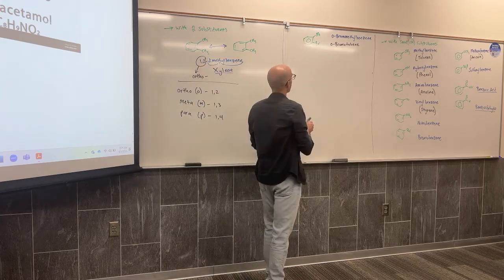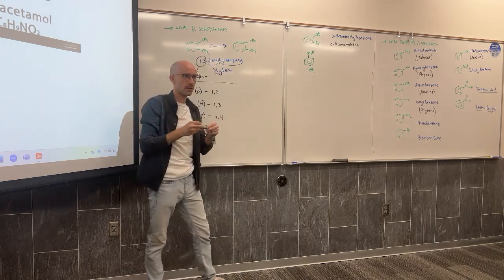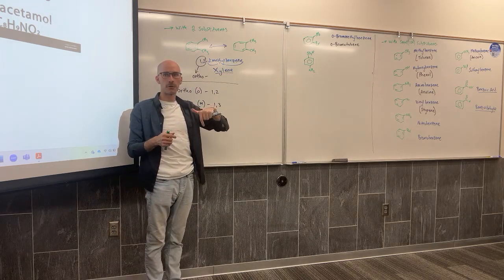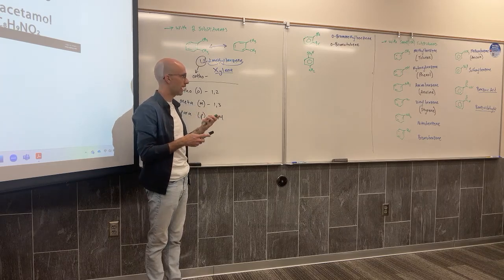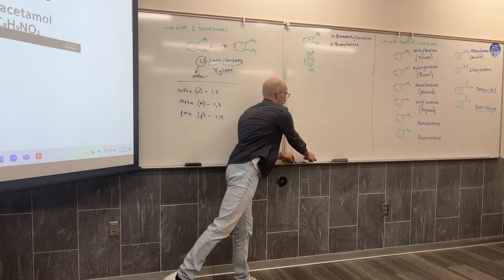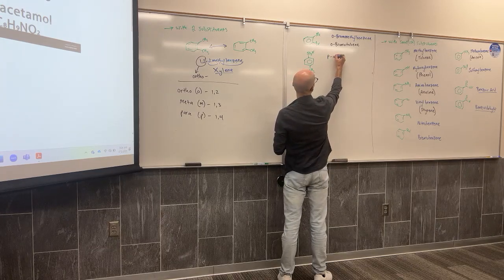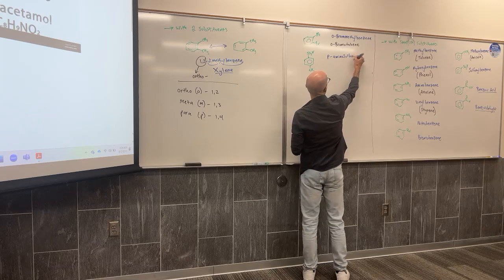Last week, those of you in lab worked with this starting reagent, which has both a sulfonyl group and an amino group. The amino group makes the molecule aniline. So the systematic name here would be para-aminosulfonylbenzene.